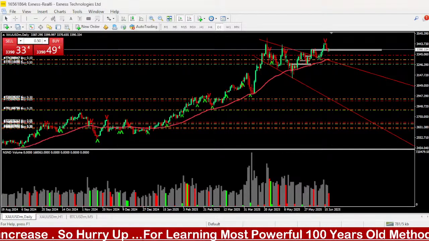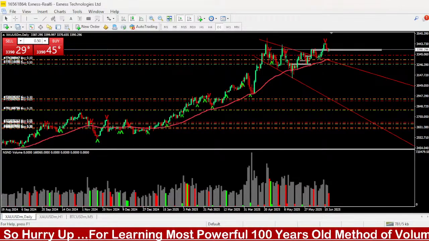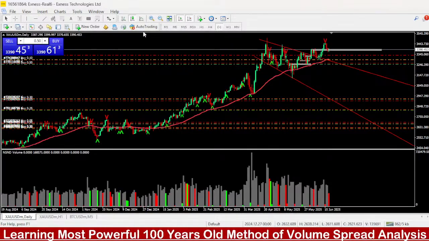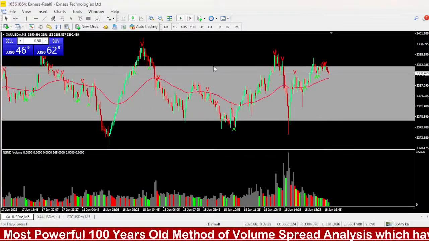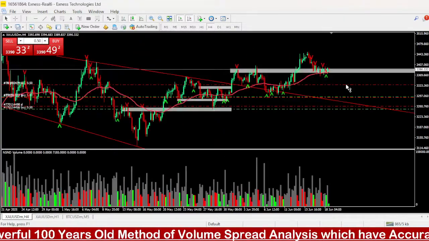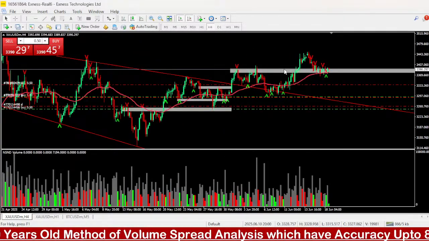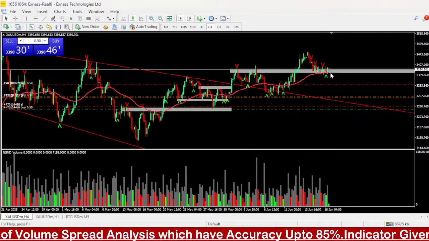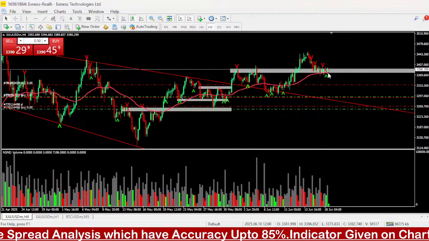So currently there is not any such movement in the gold. If we see 5-minute or 4-hour, morning star and bullish engulfing has already formed.